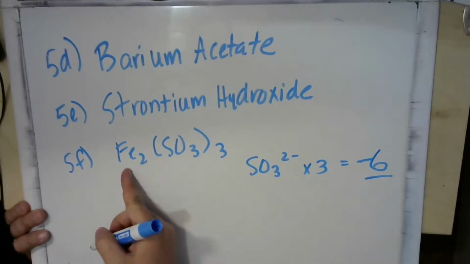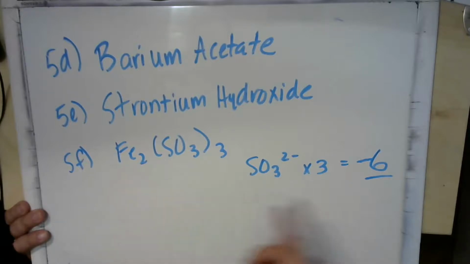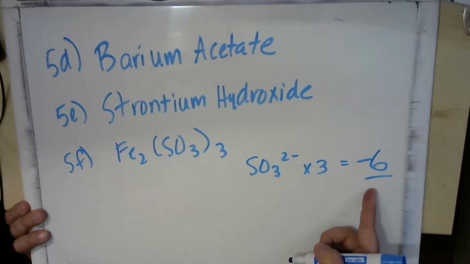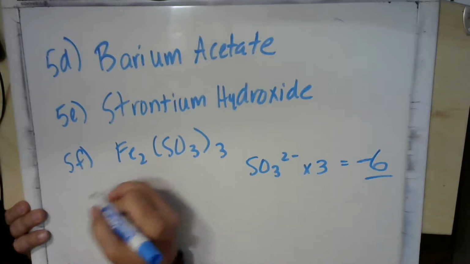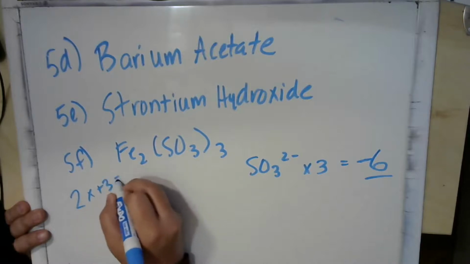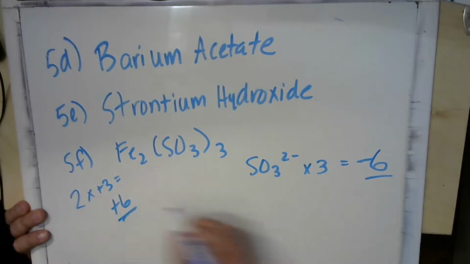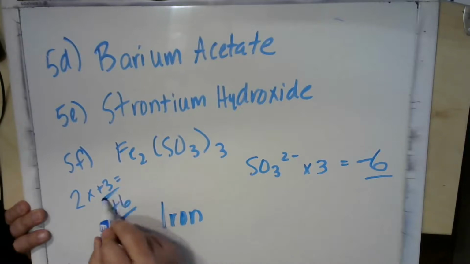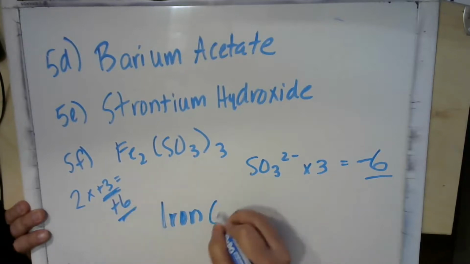We have 2 irons. That means that each iron must have a +3 charge if it's going to counteract this -6, right? Each one has to have a +3 charge. That will give us the +6 that we need to balance out the -6. So once we know the charge on the iron, then we can name it.